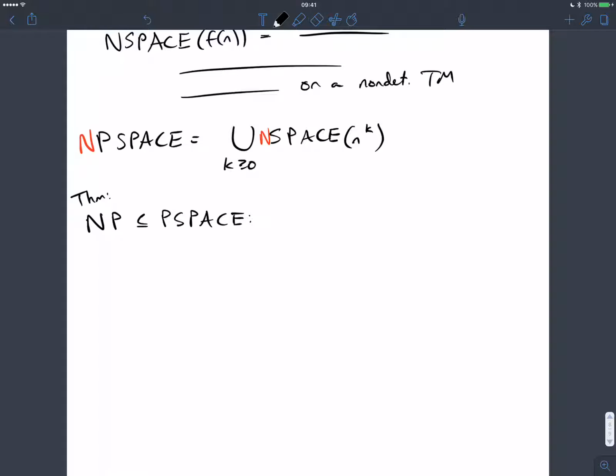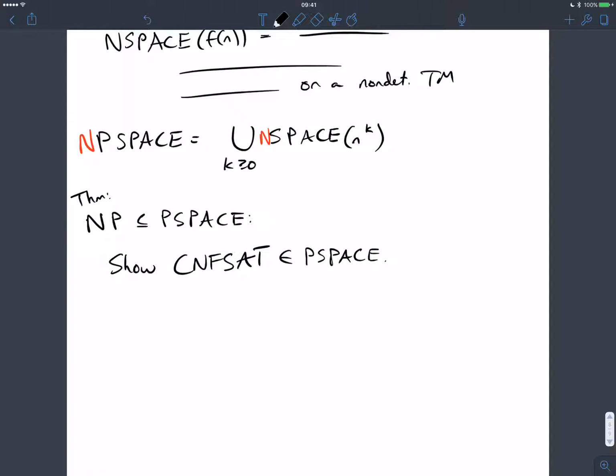Is there any problem that you want to run in polynomial space? CNF-SAT, that is the one we'll do. So show CNF-SAT is in PSPACE.